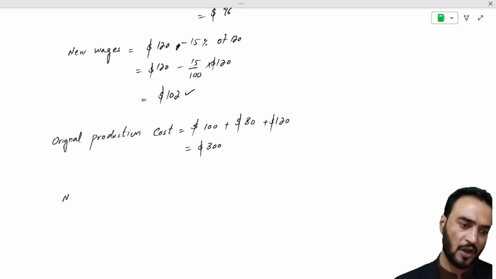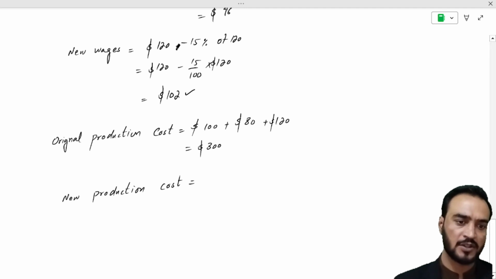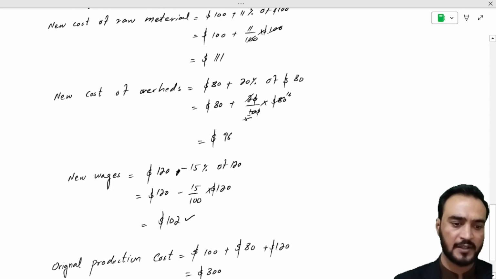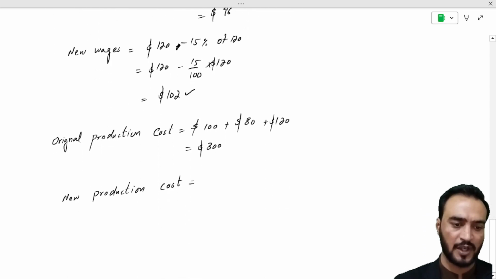So the new production cost now consists of $111 of raw material, $96 of overheads, and $102 of wages.